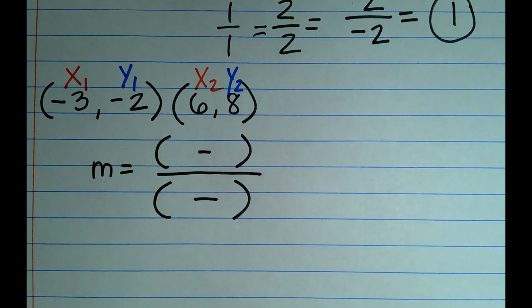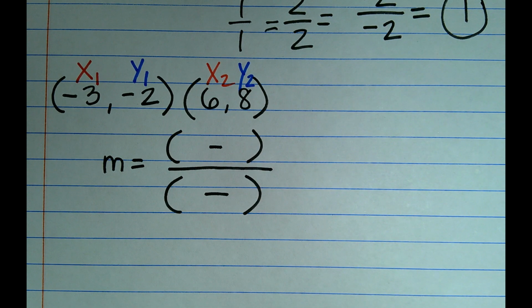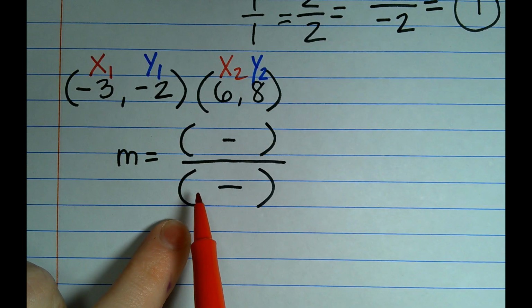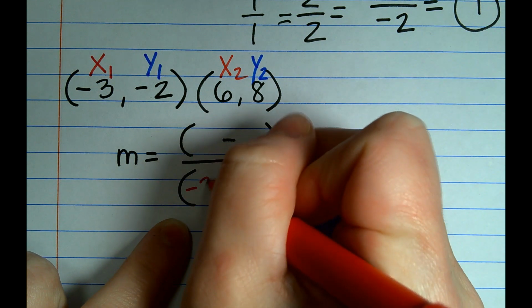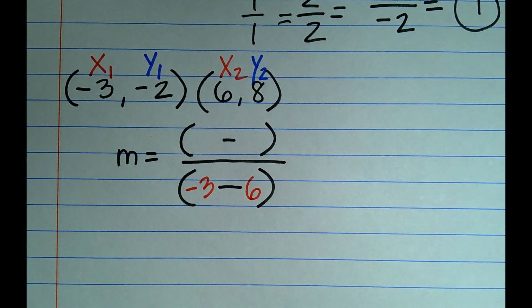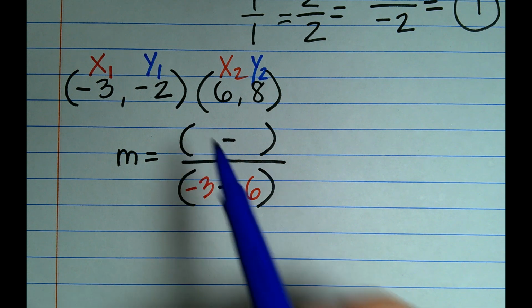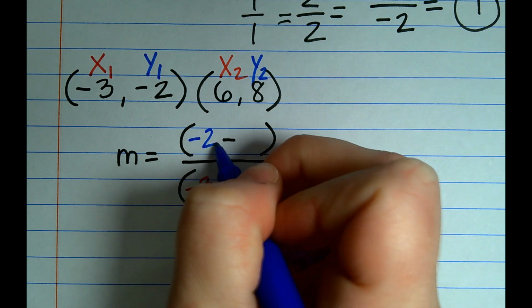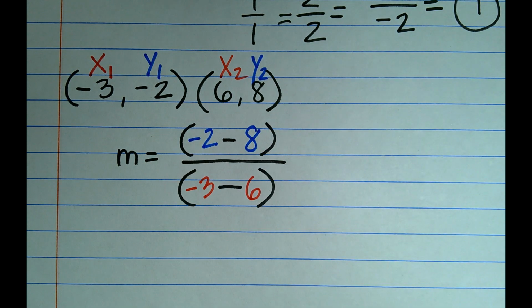Now remember, we're going to start where? We're going to start from X, from the bottom. We're starting from the bottom, okay? So what goes first on the bottom? Negative 3. What goes second on the bottom? 6. Okay, now on the top. Yes, negative 2 and 8.